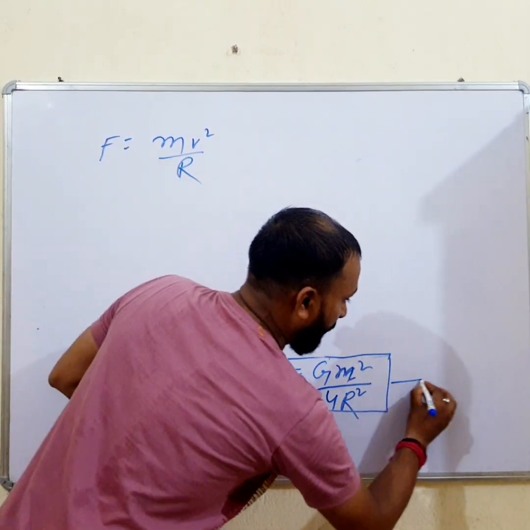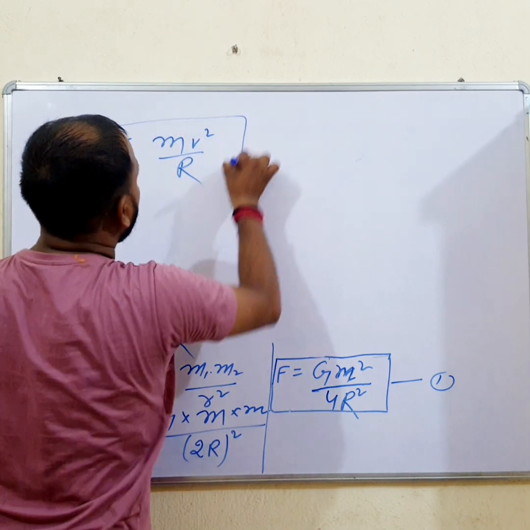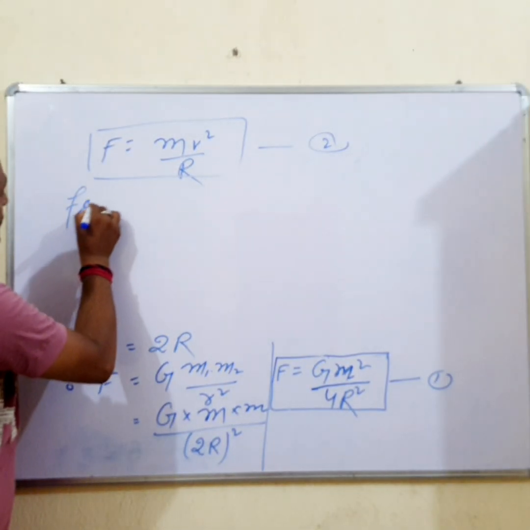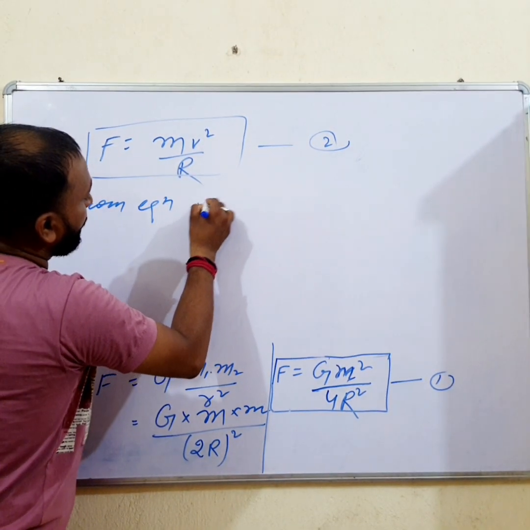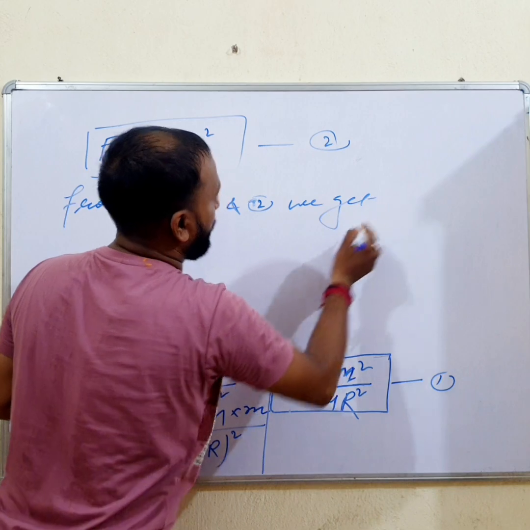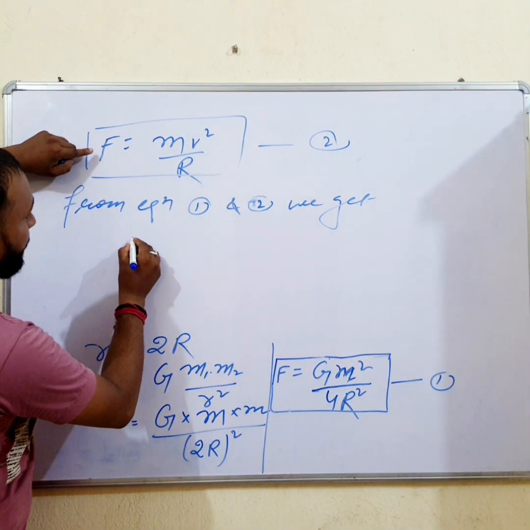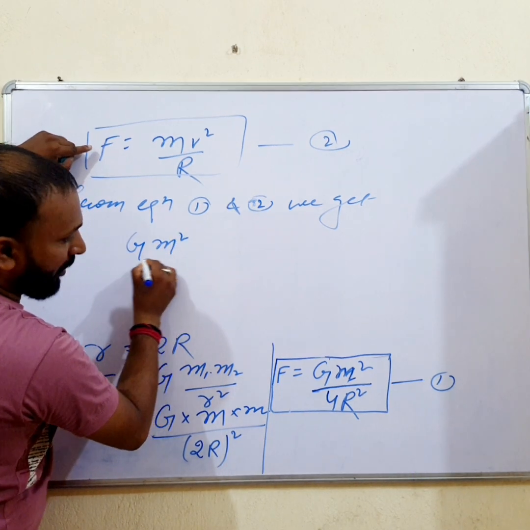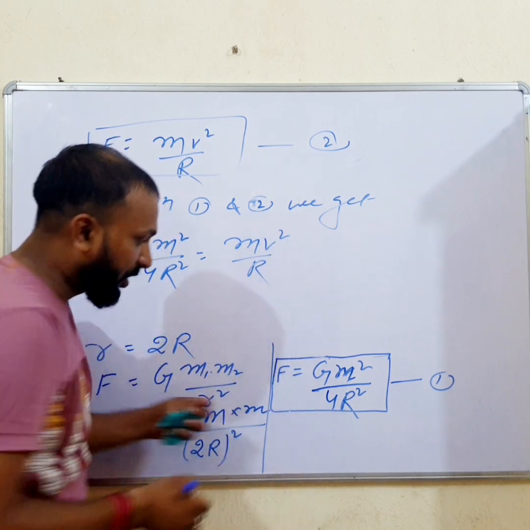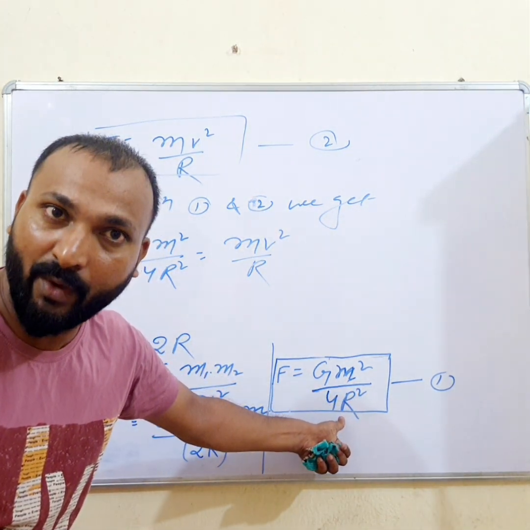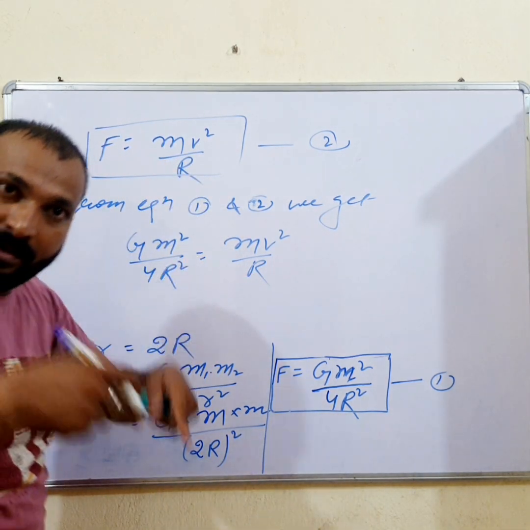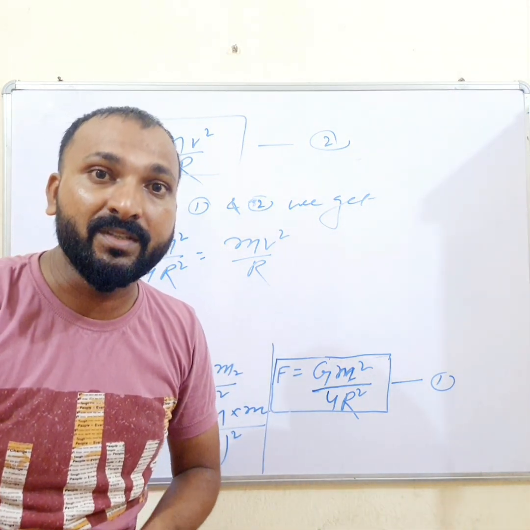If we assume this one is equation first and this one is equation 2, then from equation first and second we get G m square upon 4r square equals mv square upon r, because the value of F is G m square upon 4r square, and here F equals mv square upon r, because this force is the centripetal force.